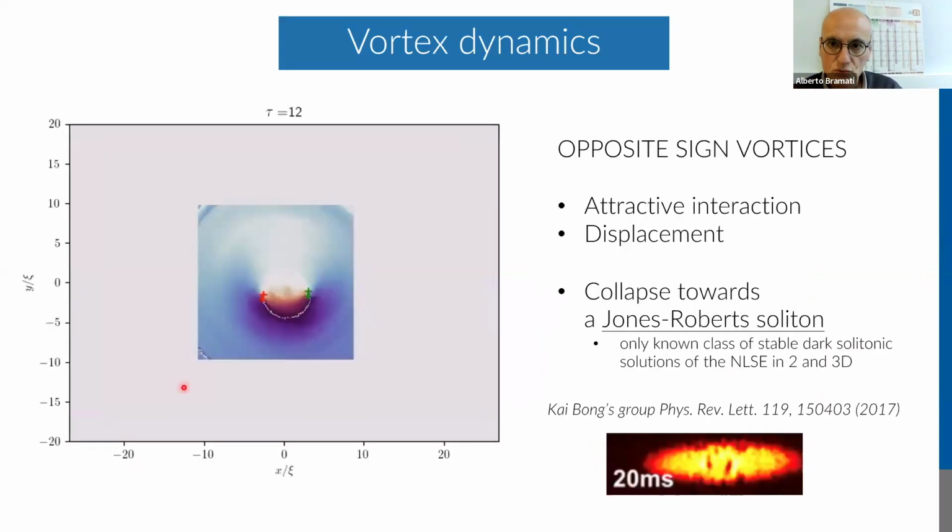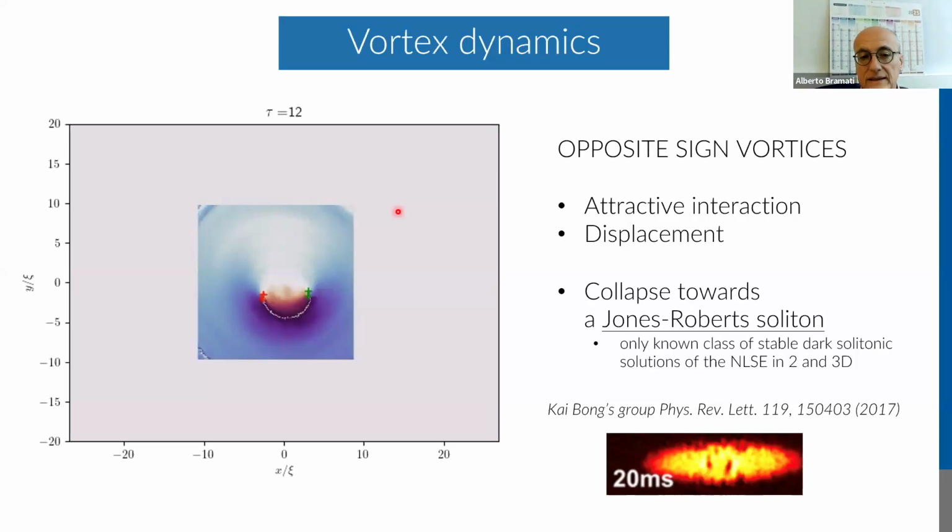We can also do the experiment injecting opposite-sign vortices, for example. And in this case, of course, we have an attractive interaction between the vortices. So then they tend to merge, one with the other, to collapse.